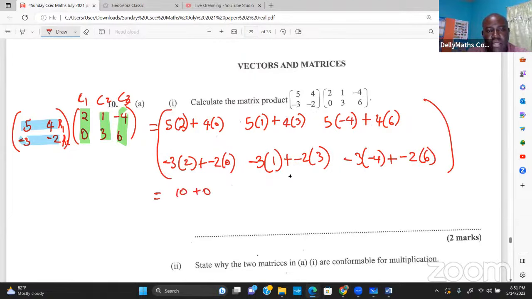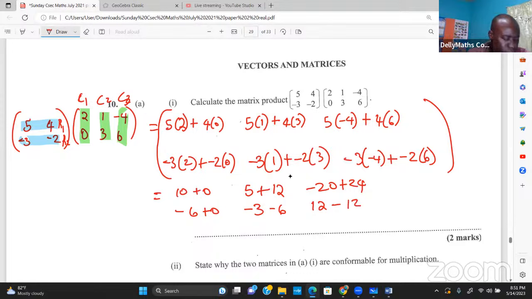10 plus 0. 5 plus 12. -20 plus 24. -6 plus 0. -3 minus 6. 12 minus 12. Let's finalize it.